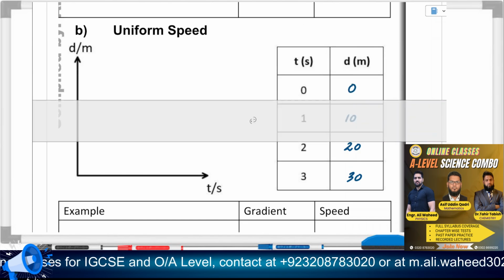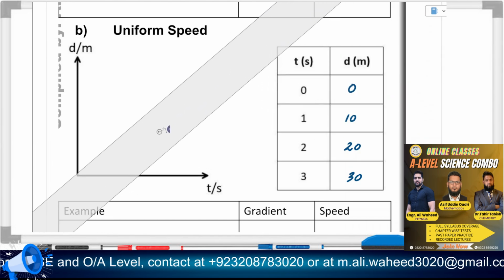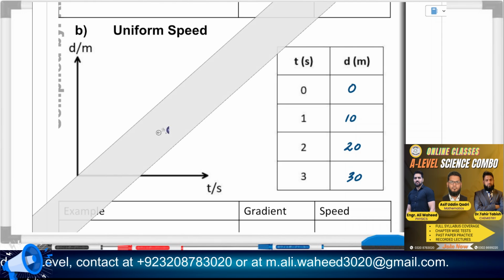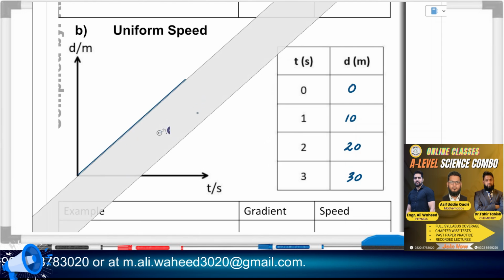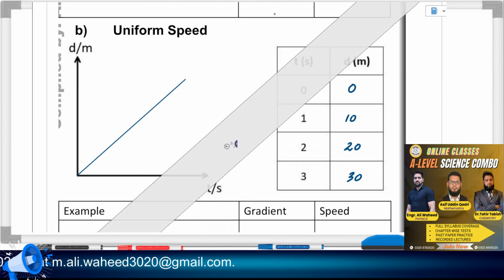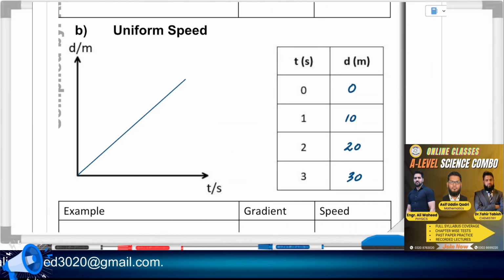I'm not going to plot the points exactly, I'm just representing the overall shape of the graph, which means the object is moving with a uniform speed.